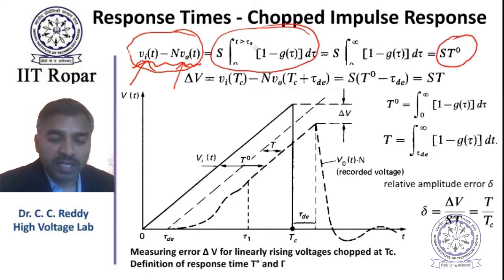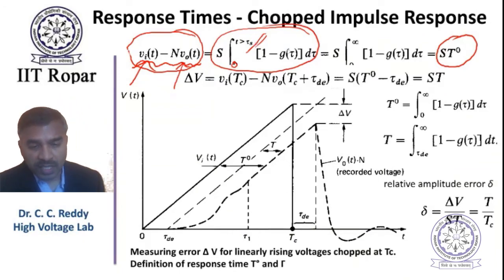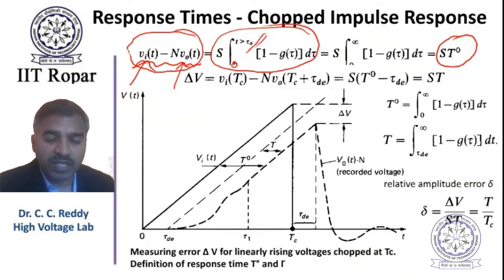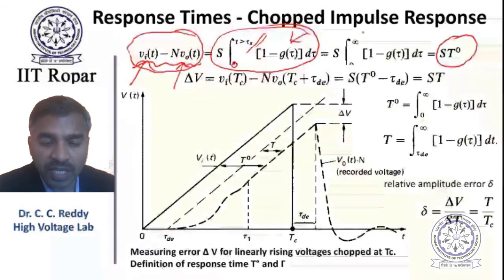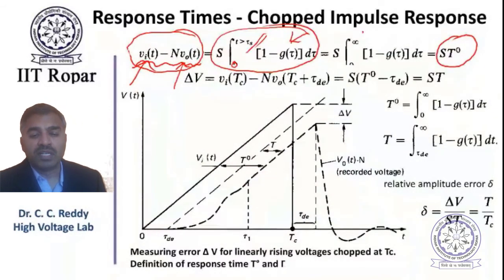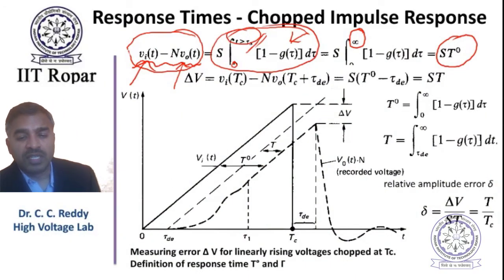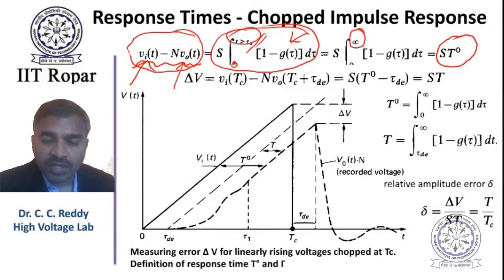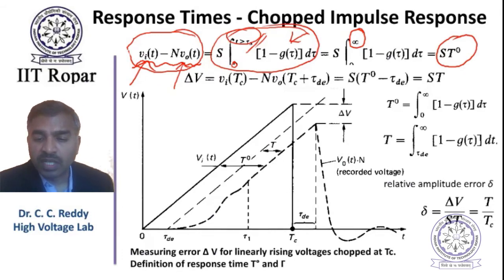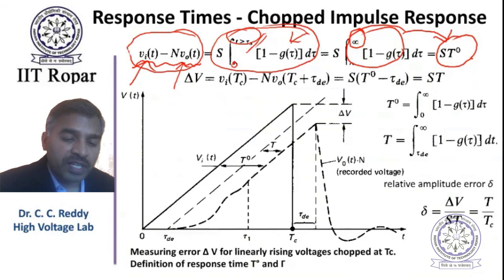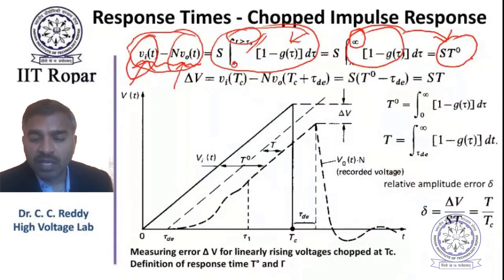For t greater than ts, after the settling time, the integral of g tau becomes 1 and after that it doesn't contribute. That is why this constant turns out to be s T naught. So the difference between the input signal and n times the output signal is s into T naught.